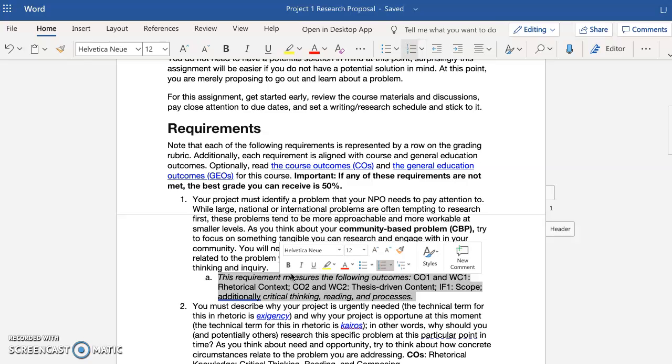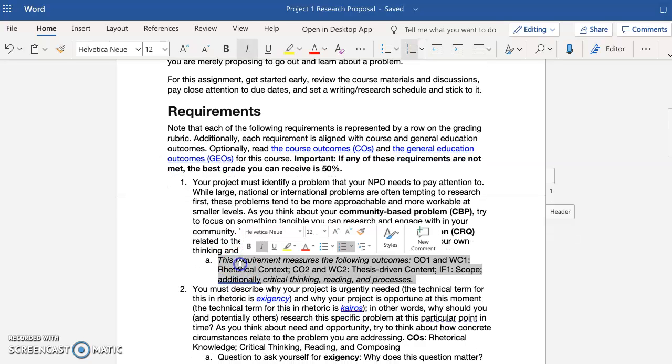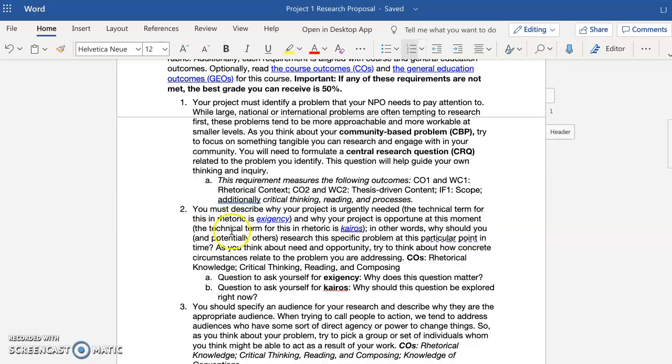That is strictly for me to understand and see that all the outcomes for the course are being taken care of. You would like to know that too as a student, but some students get bogged down, like, oh, what does this mean? In a sense, you don't need to worry about what it means. It's just to say this is linked to this, and this is how it's part of the assessment of the course.